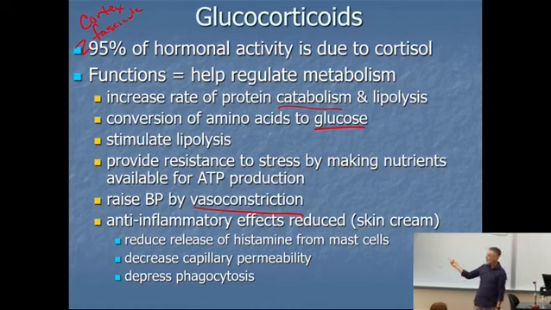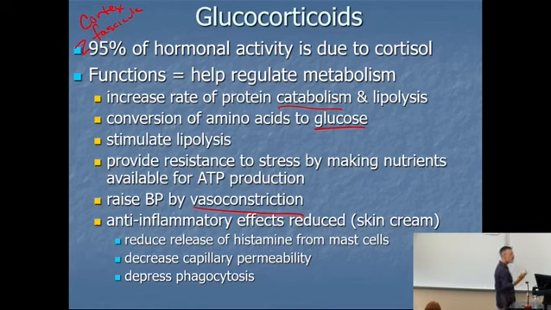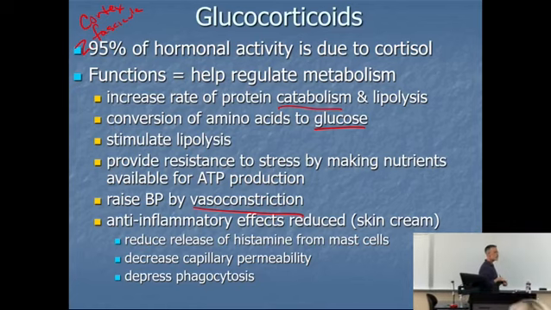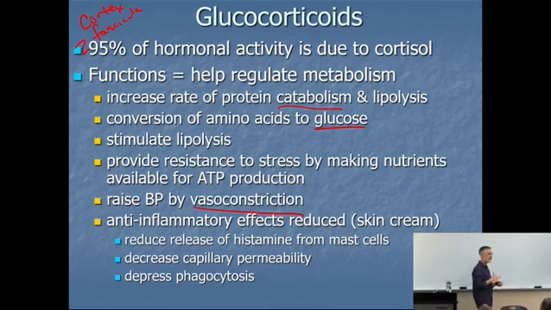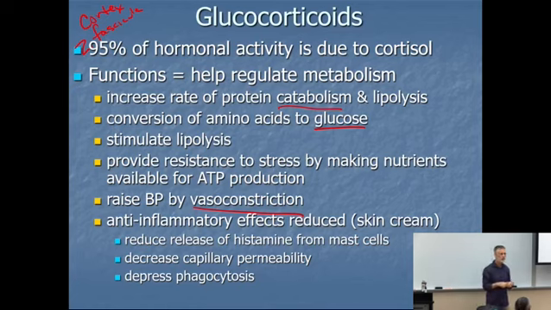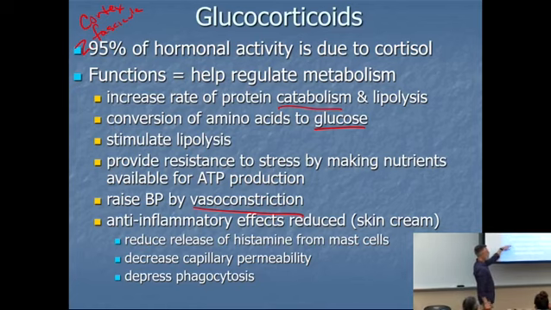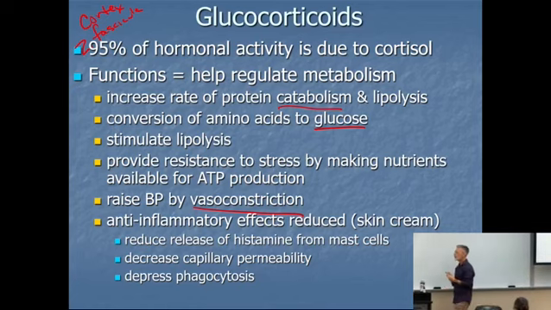So cortisol, we said, is a vasoconstrictor. So if we have cortisol or cortisone in some sort of a cream and we put it on something, it can work as a vasoconstrictor, right? It can work on decreasing capillary permeability as well as work as a vasoconstrictor, but it also can reduce some of those immune system effects that are producing inflammation.